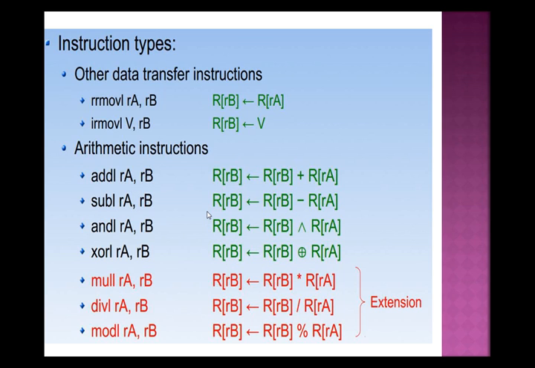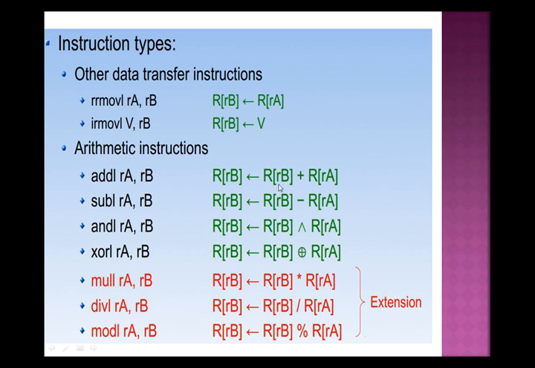Then ANDL, finding the AND operation between register A and register B. Then XORL RA, RB, finding the XOR operation between the registers RA and RB. Then multiply RA and RB.